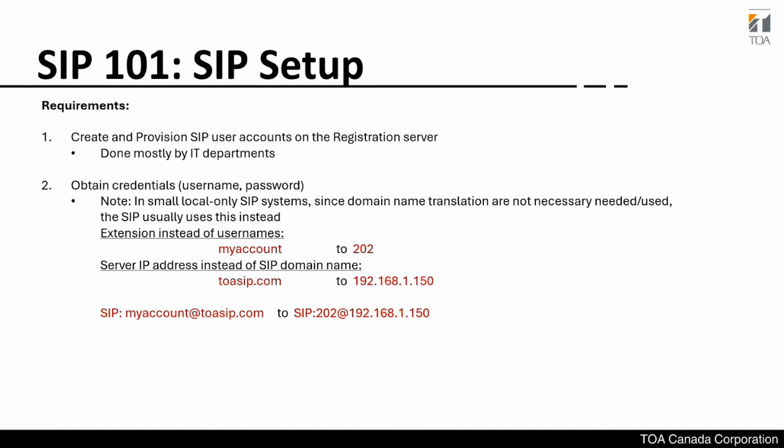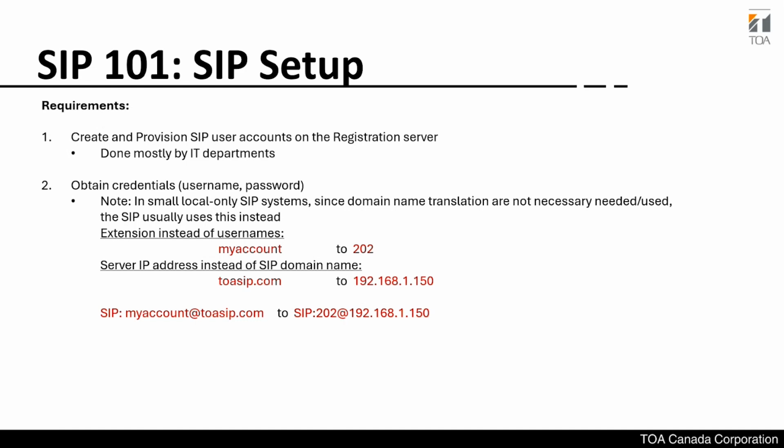But what we usually use in small local-only SIP systems, instead of a domain name, because of course you would need domain name servers, DNS, is just extension numbers. In this example, the extension number will be 202 instead of my account, and instead of a domain name it will be the SIP server IP address, in this example 192.168.150.